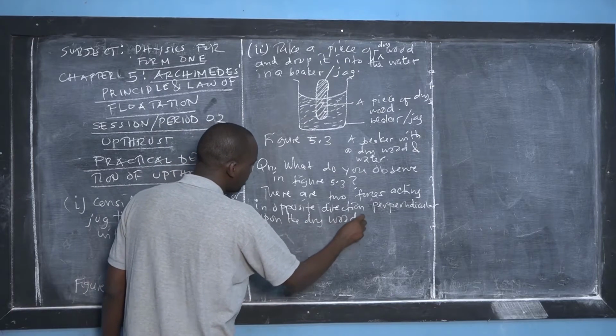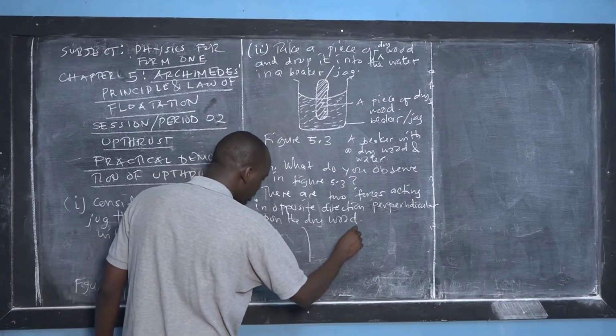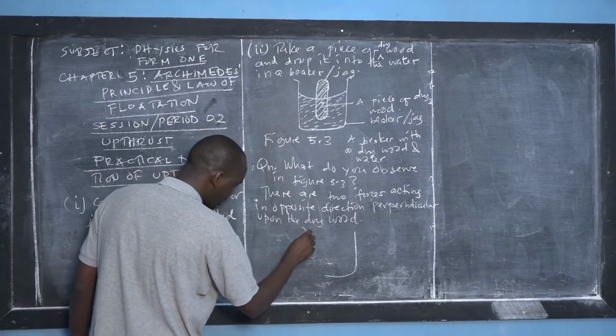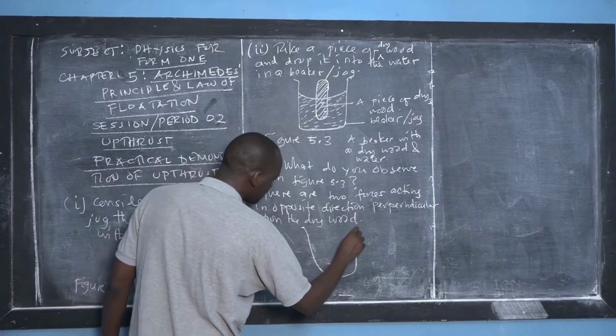Kwa kuna kani mbili ambazo zina uwepo au zinatokea katika hiki kipande cha mti kilichokauka.